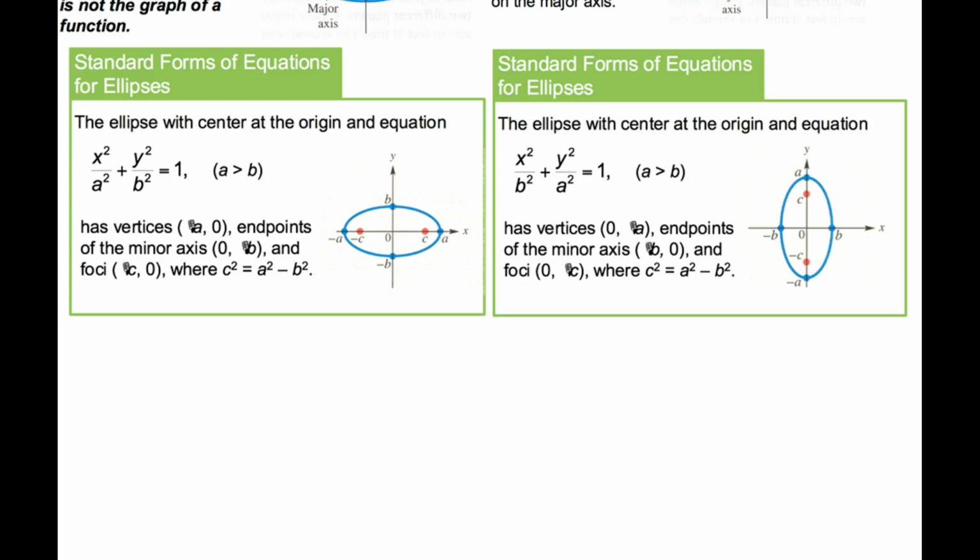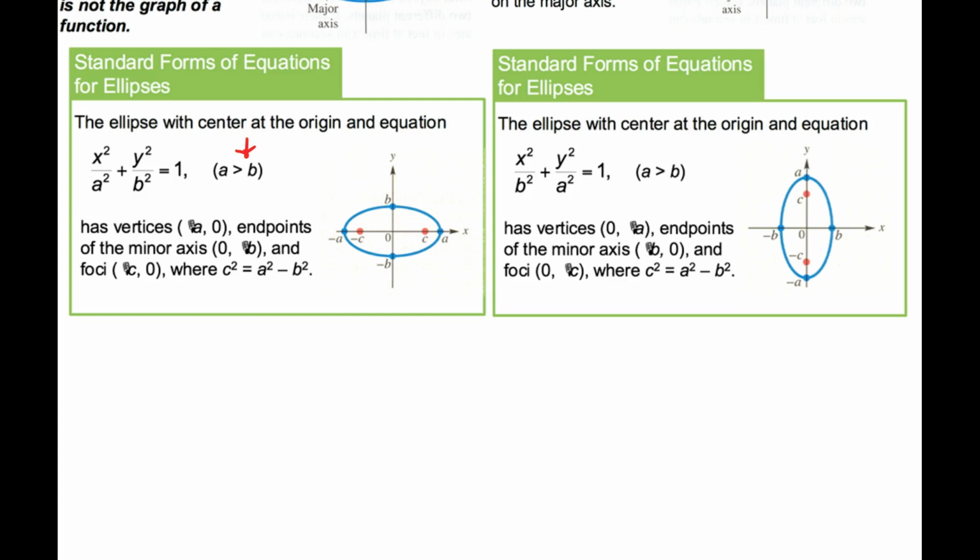So if a is greater, then it's going to be facing horizontally, left, right. It all depends on whether a is greater than b or b is greater than a, and that will tell you which way it's oriented.